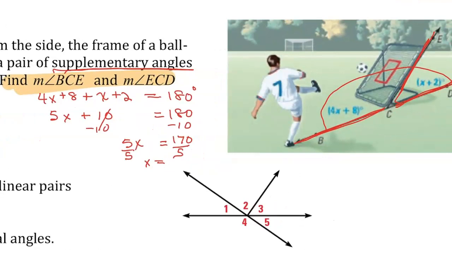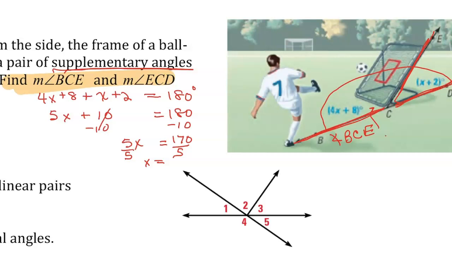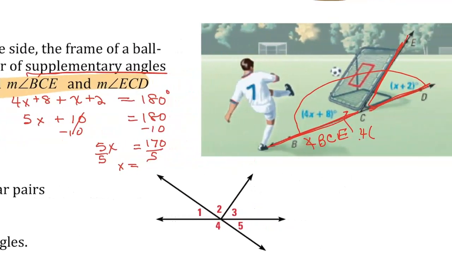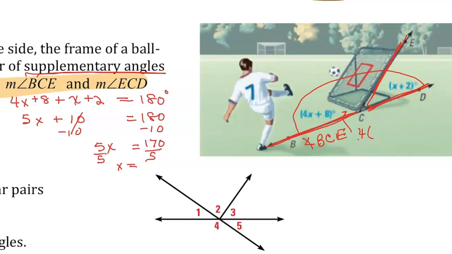So let's do that. Okay, so here is angle BCE. It's right here. That's going to be 4x plus 8. So 4 times the x we just found, which was what? 32. We'll put this over here.